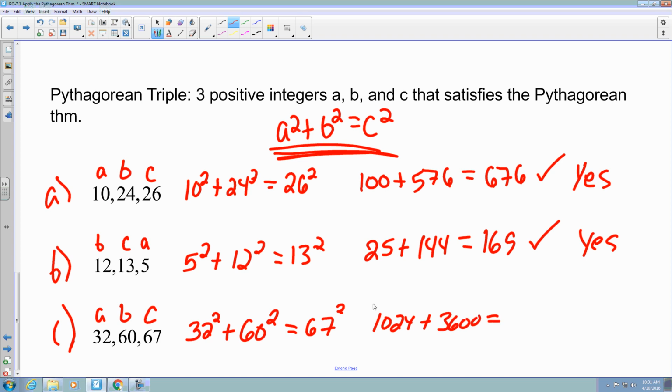And it's going to be set equal to 67 squared, which gives me 4,489. So what I need to do is take 1024, add it to 3600, and when I add those together, I get 4,624, which does not equal 4,489. So no, these sets of values would not make a Pythagorean triple.